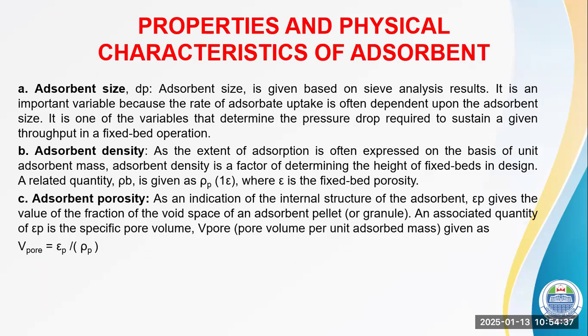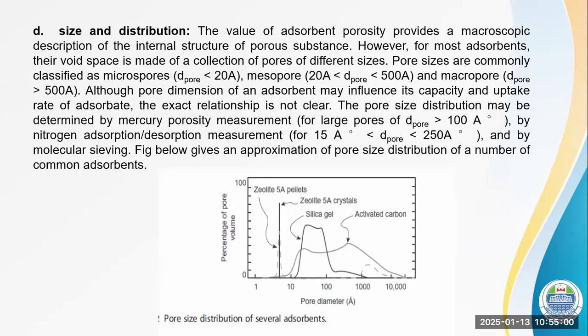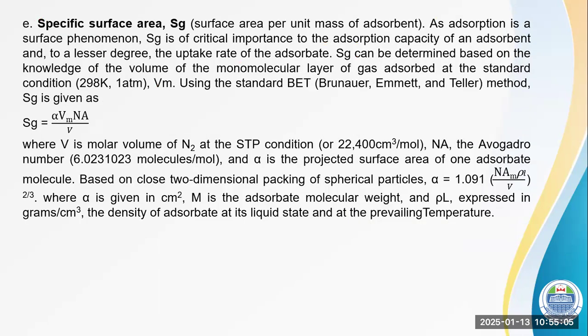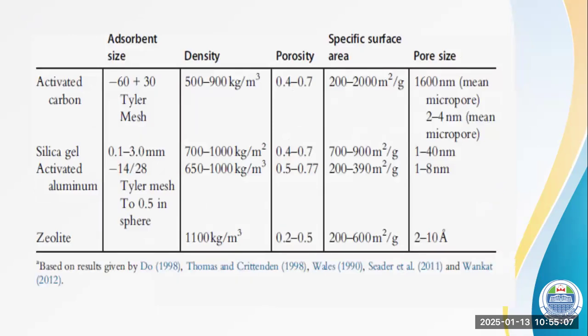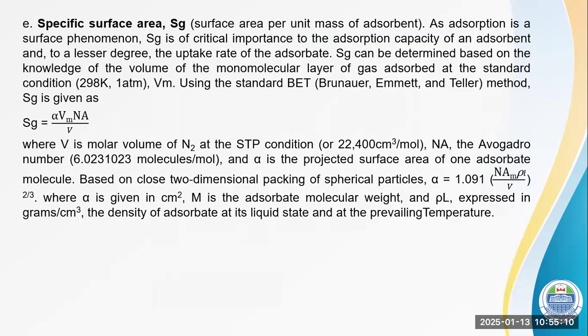I believe when you prepared for your book presentations, you met, from the industry perspective, the varying characteristics of adsorbents as applicable to the different processes that you all considered in your group presentations, in terms of size, density, porosity, and size distribution. We looked at charcoal. We considered silica gel, zeolite, and activated carbon.